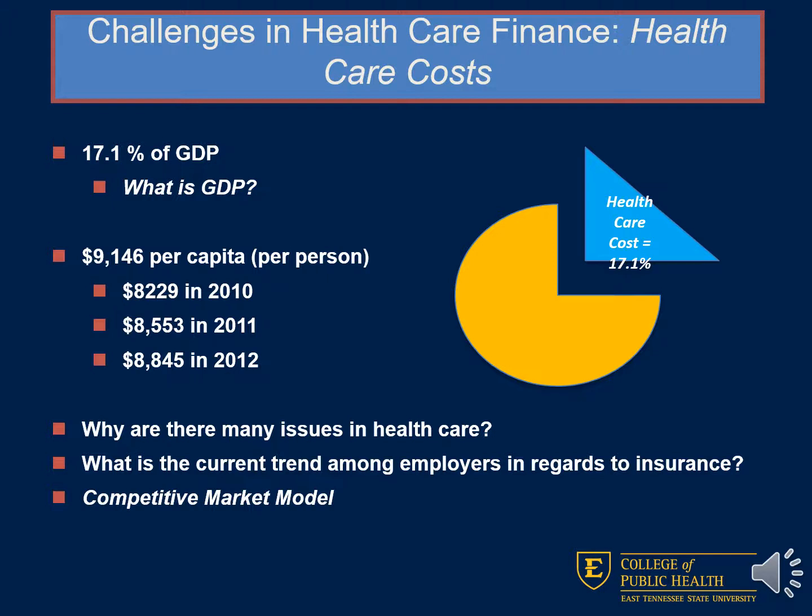The last point I want to talk about down there, the competitive market model. If you're not familiar with the competitive market model, I just wanted to go over this. The competitive market model is what we really strive to have in healthcare, though we have a couple different aspects that make it a little more difficult for us to have this type of model. In a competitive market model, we have pure information.